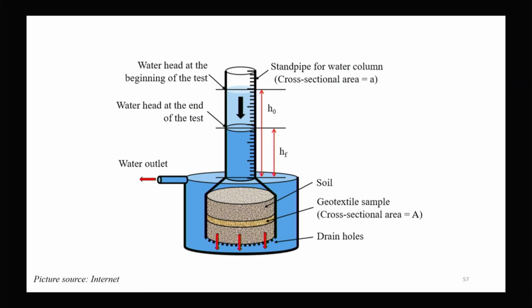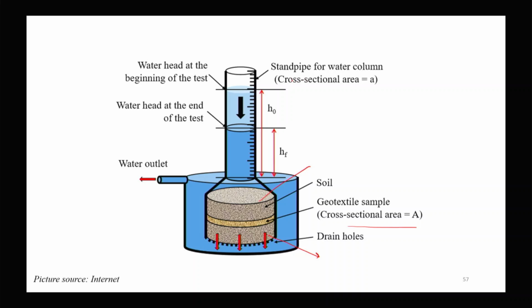So this is the system here. Now the soil particles are on both sides of the geotextile. The geotextile has a cross section A, and the initial height in the standpipe is there.